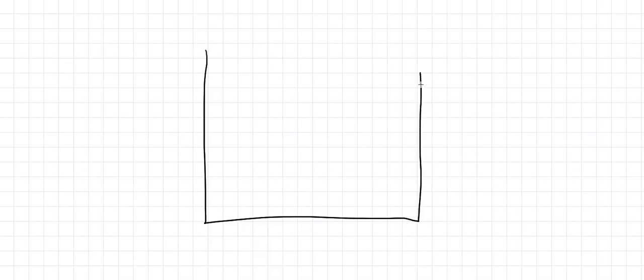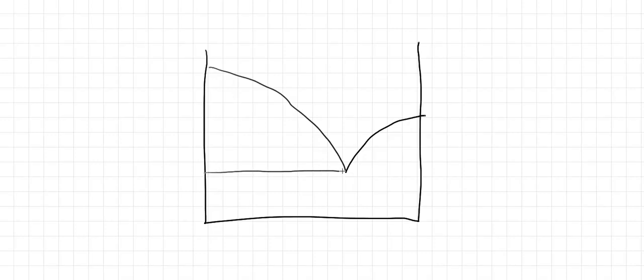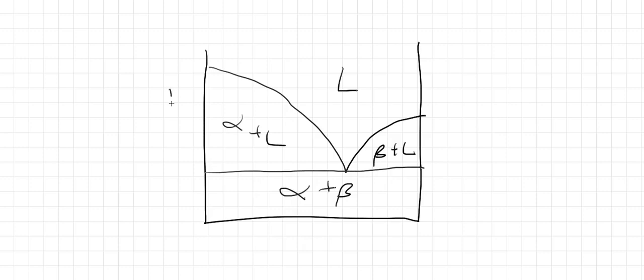I want to show you Gibbs phase rule with eutectic. So we've got alpha plus beta, alpha plus liquid, beta plus liquid, and just liquid.